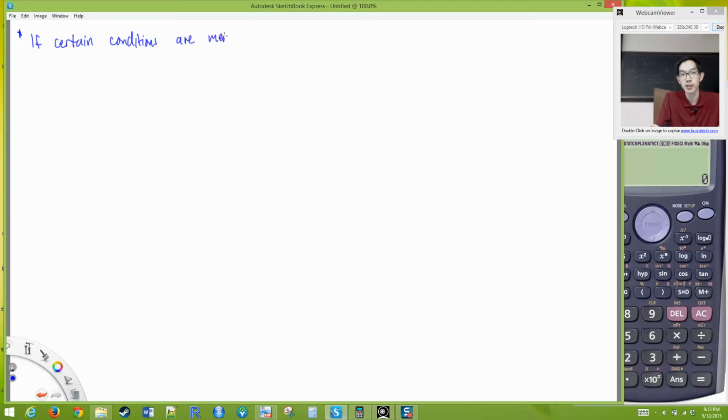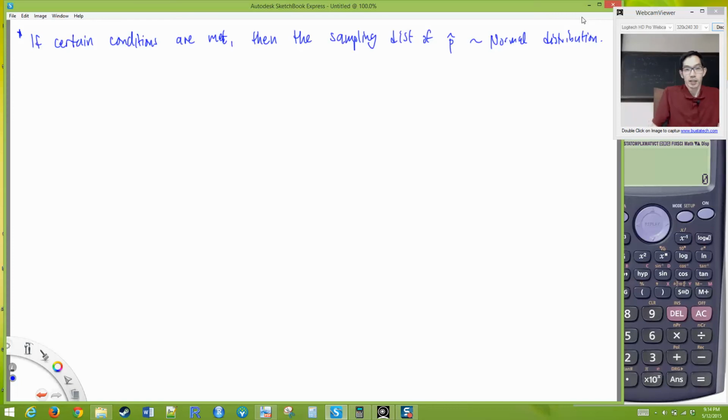then the sampling distribution of p hat comes from the normal distribution. Sorry, my handwriting's getting worse and worse. But I said something like this earlier today.